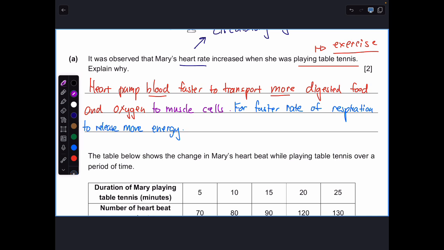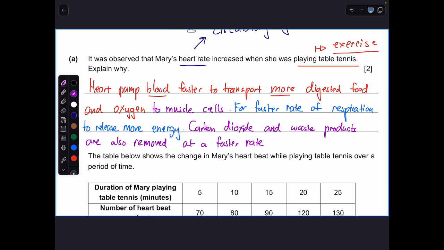Then after that, the final marking point, you have to talk about the removal of carbon dioxide. So carbon dioxide and waste products are also removed at a faster rate.